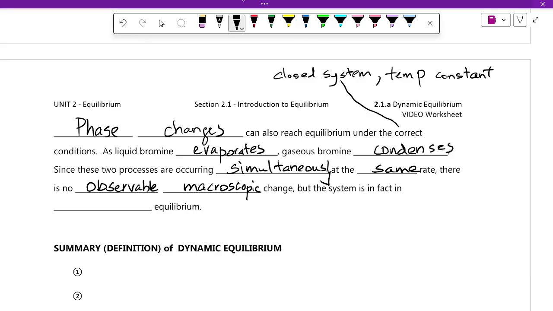But the system is in fact in dynamic equilibrium.